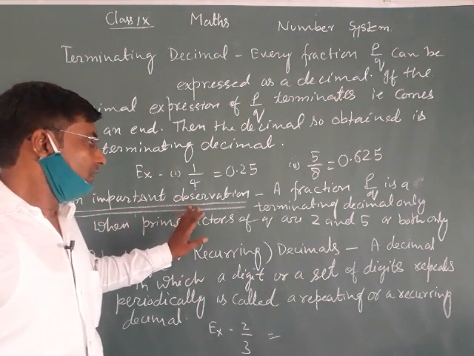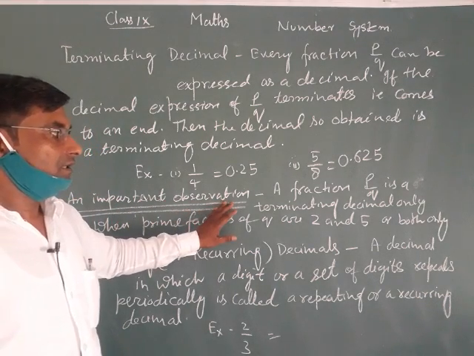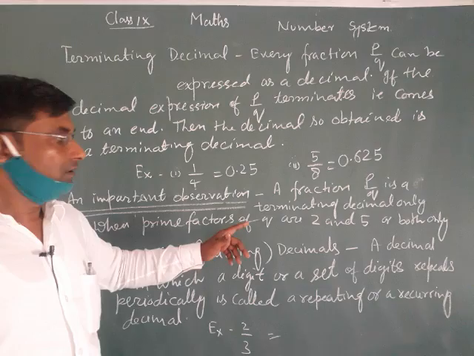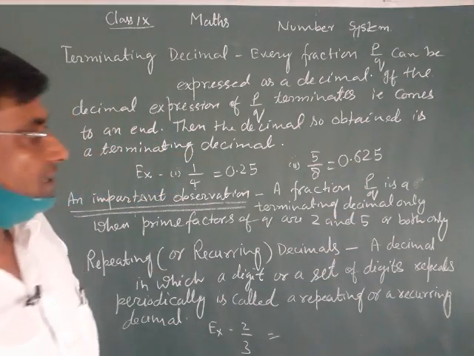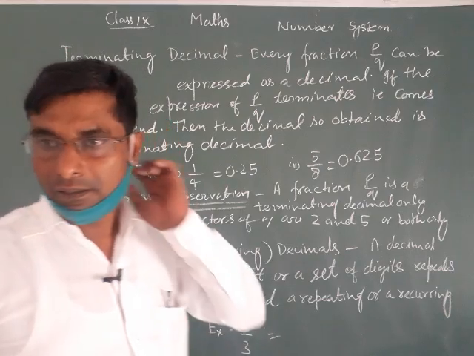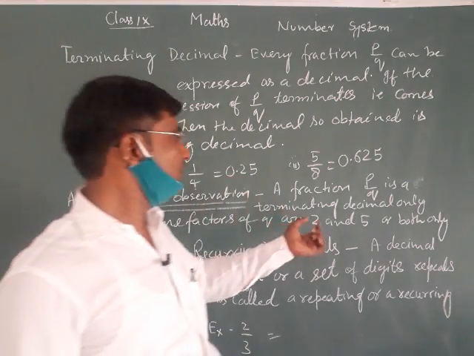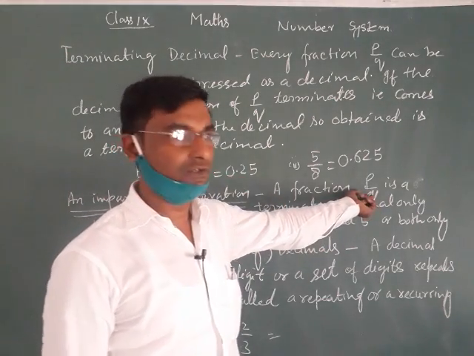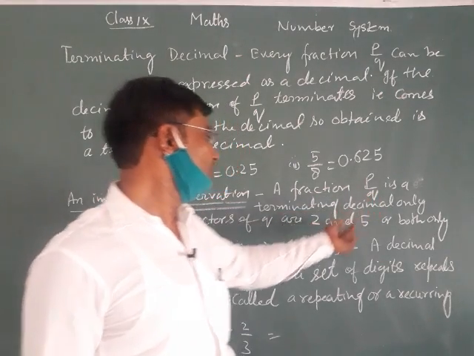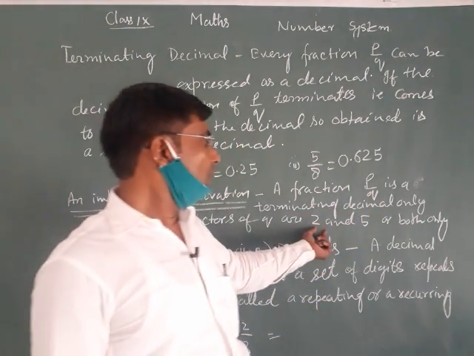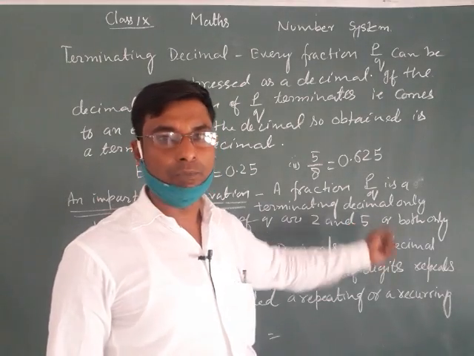Another important observation about terminating decimals. A fraction p by q is a terminating decimal if the prime factors of the denominator q are 2 or 5 or both.